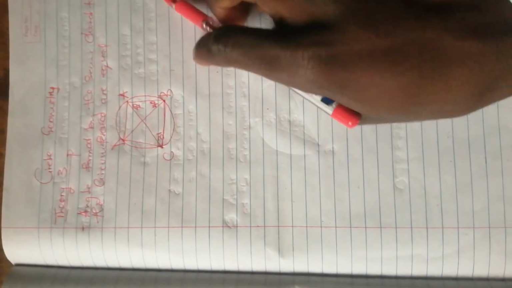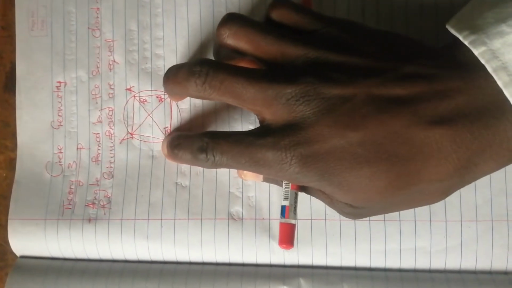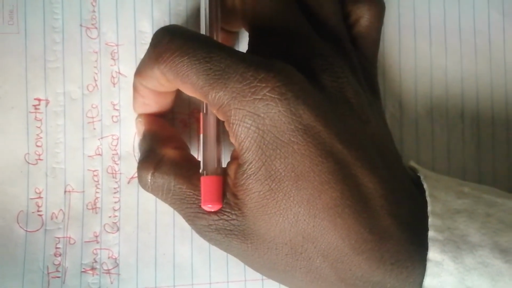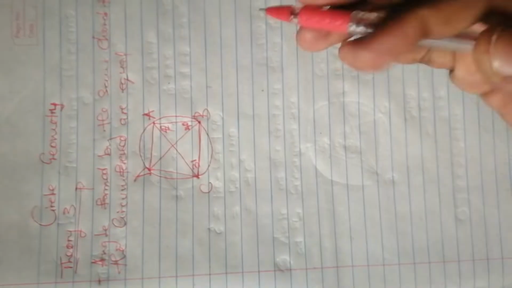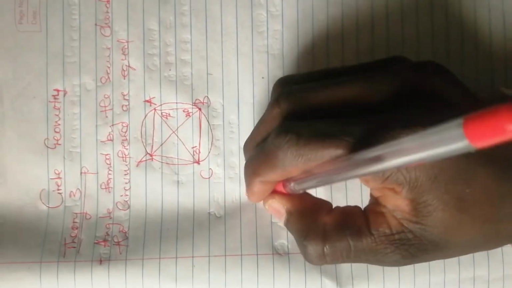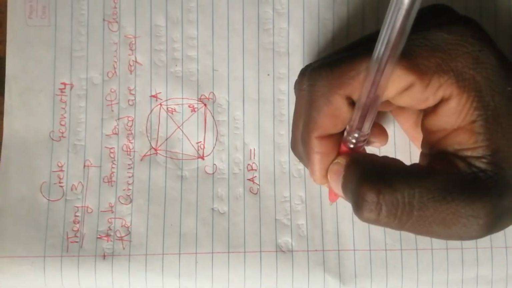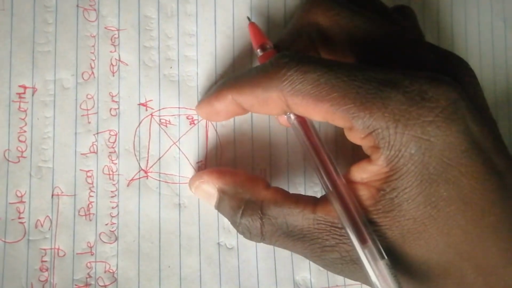So if we touch this chord like this, and we go to the circumference, I want you to look very closely. Then you go to angle A. So this angle is CAB. From chord CB, we go to angle A at the circumference.